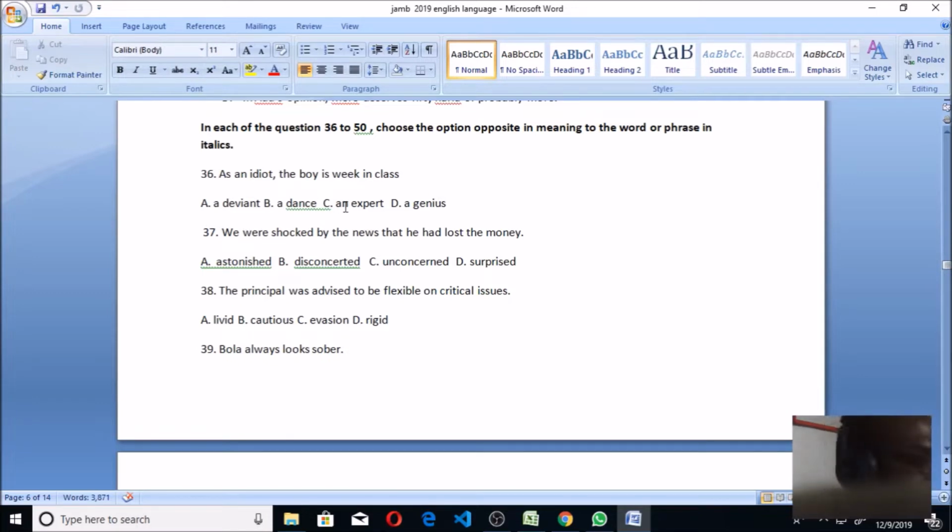An expert is a person who has great knowledge or skills in a particular area, whereas a genius is somebody with exceptional ability. So we can simply see that the opposite of idiot, which is somebody that is stupid, is somebody that is exceptionally able, a genius. So that makes D the answer to this.